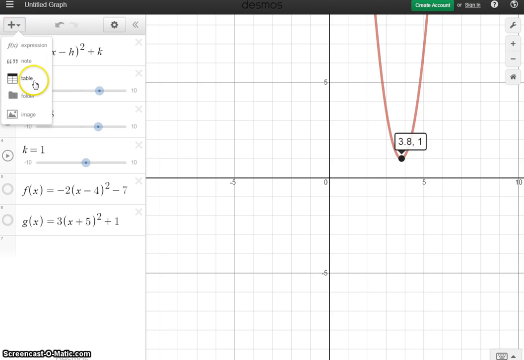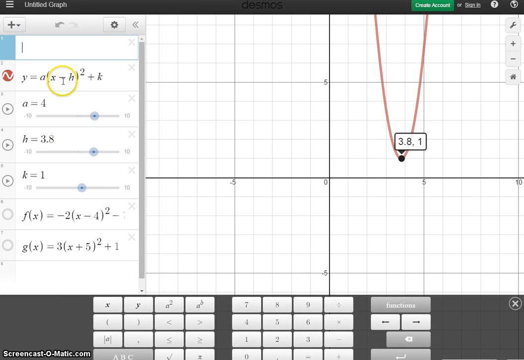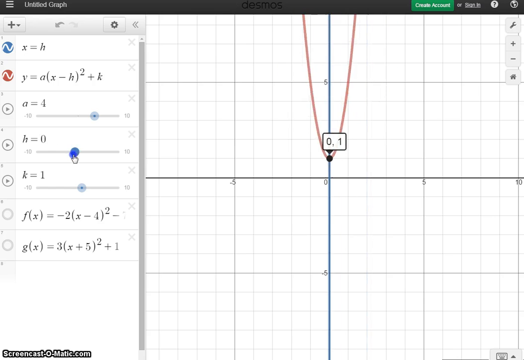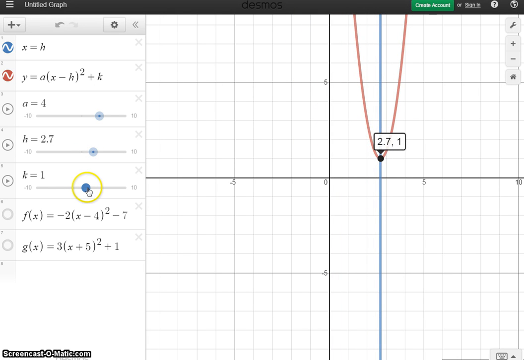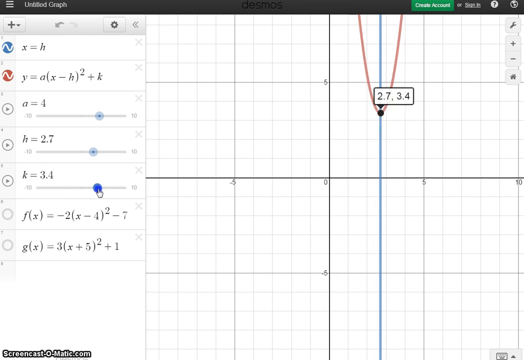If I add another expression here and put in the line x equals h, you can see that, again, it gives you the axis of symmetry. So that's what the h value gives you. Looking at k, as I change k, the y value of the vertex changes. So h and k together give you the vertex of the parabola, and this is called vertex form.